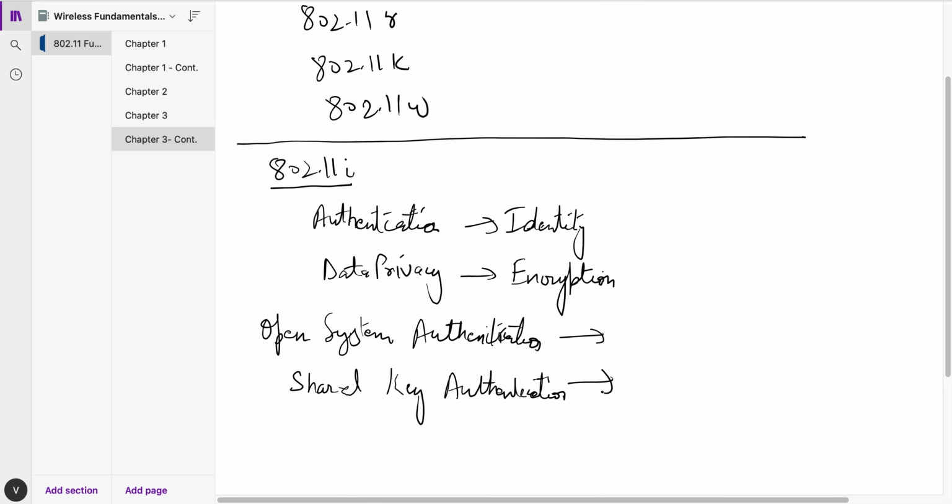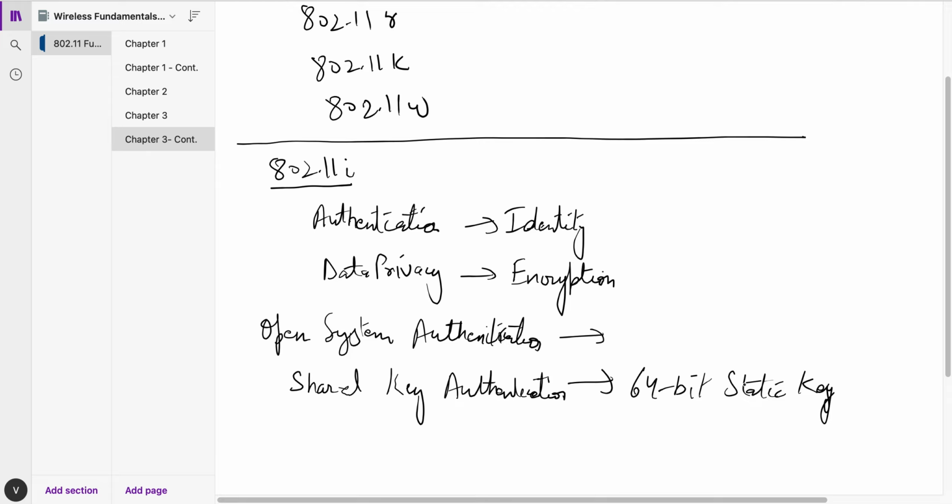In this type of authentication, we'll not go in detail, but in shared key authentication, you would define a specific key, a static key, I would say. We would define a static key on both the AP and the client. I think it was a 64-bit static key, which we would define on both the client and the AP, which would be used for their authentication.